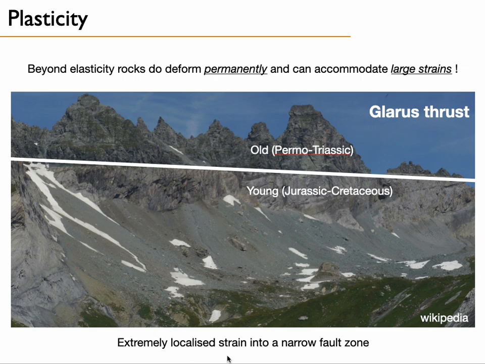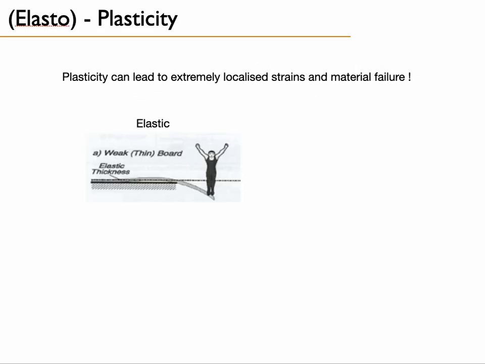The deformation is extremely localized into a narrow zone. So the rocks had to localize in an extreme manner. In a way, it had to break. So the plasticity leads to localized strains and material failure. Another example here, think about jumping on a board.